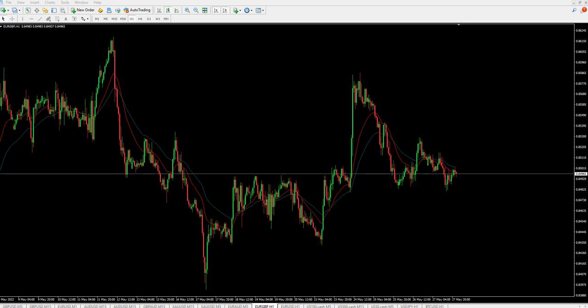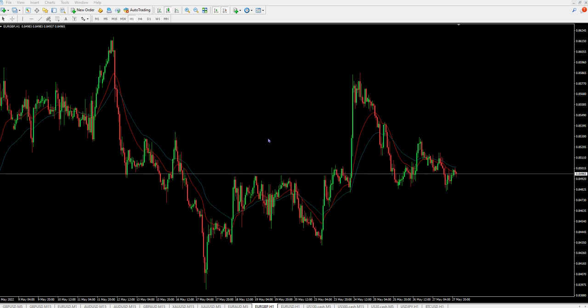And this is probably one of the most popular indicators you'll see used in the market. There's so many different ways to use them and to view them. There's multiple different types of moving averages, and they each have their own formulas of how they calculate and how they go on the chart.